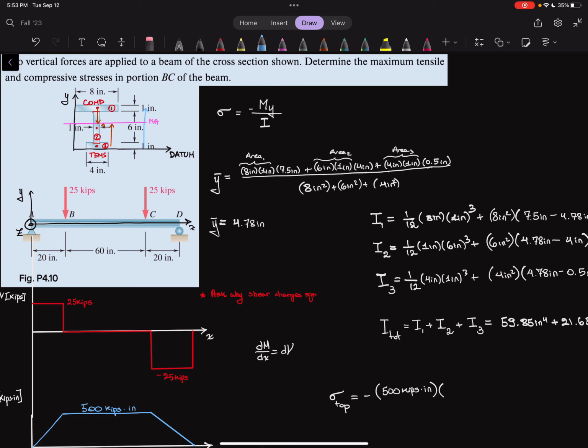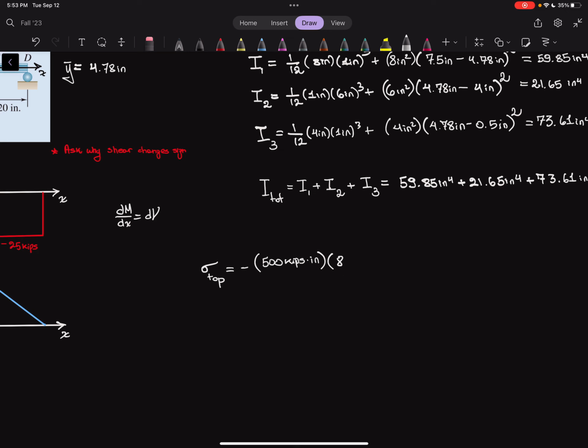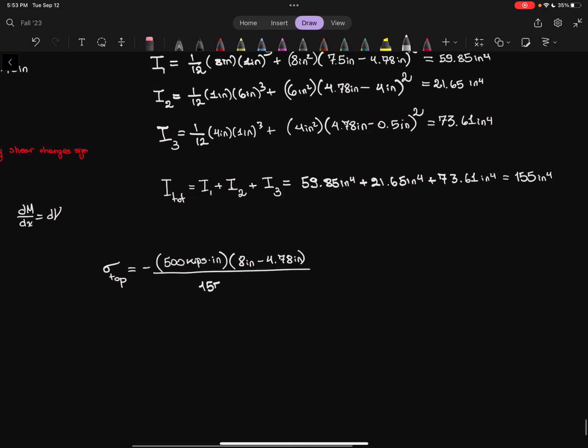So from NA to the top, well, we know NA is 4.78, and we know that the total to the top from our datum is 8. So we have to do 8 minus 4.78. So 8 inches minus 4.78 inches, and all of that is going to be divided by 155 inches to the fourth.